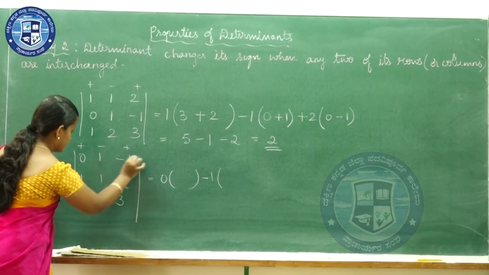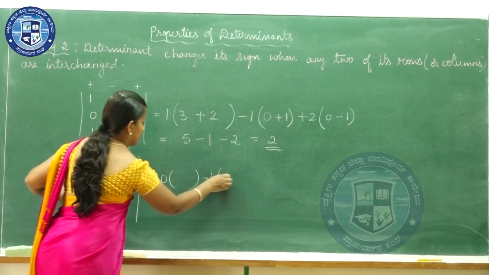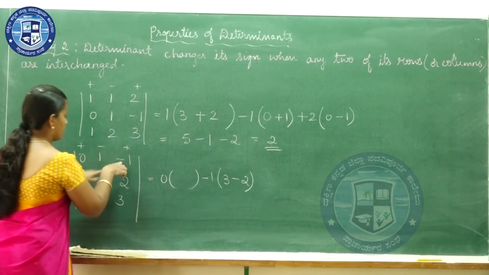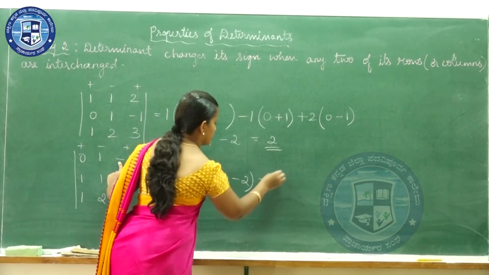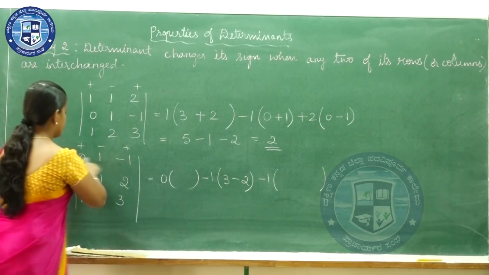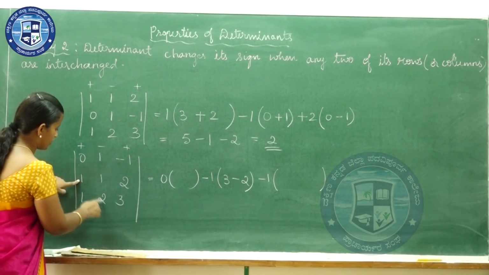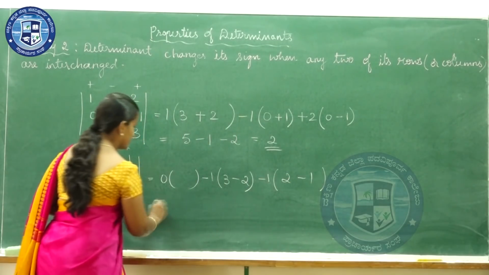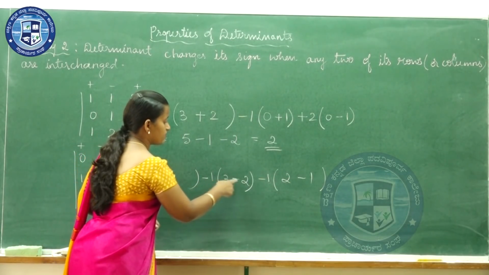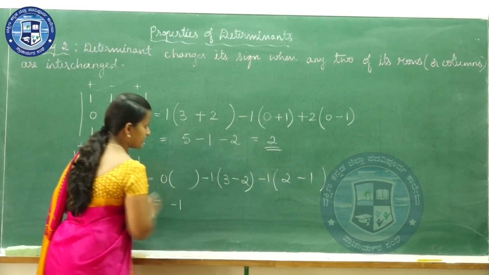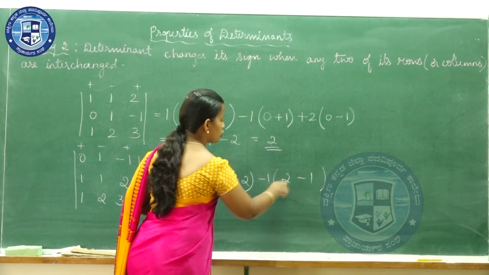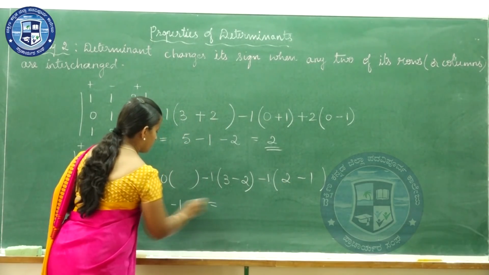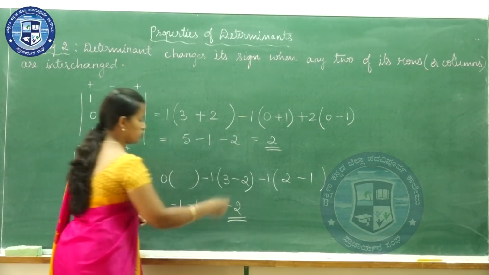Delete this, 1 into 3 is 3 minus 2. As it is, you should write minus 1 into, delete the first row, third column, so 1 into 2 is 2, 2 minus 1. So what do you get? This is 0, then you have 3 minus 2 is 1, so this is minus 1, and here you have 2 minus 1 is 1, 1 into minus 1 is minus 1, minus 1 is minus 2.